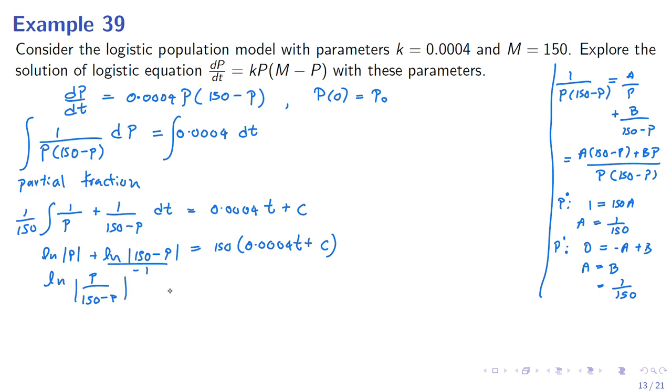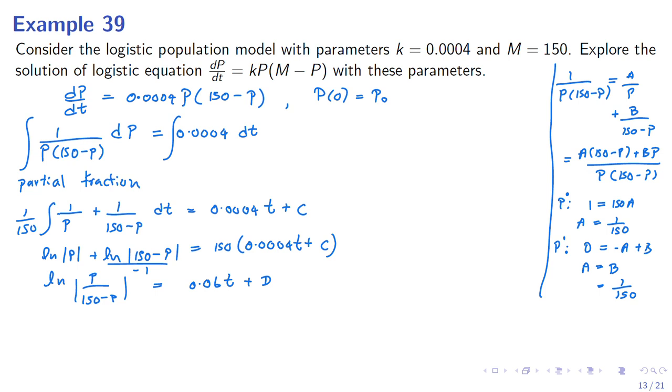Okay. And then in the right hand side, if we multiply by 150, we will get 0.06 t, and we'll get a new constant which I write as d.